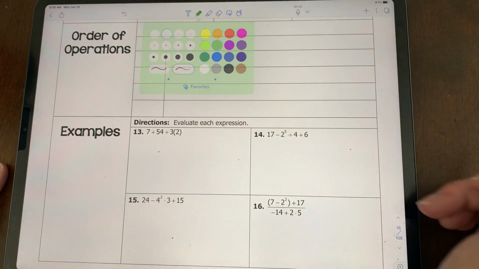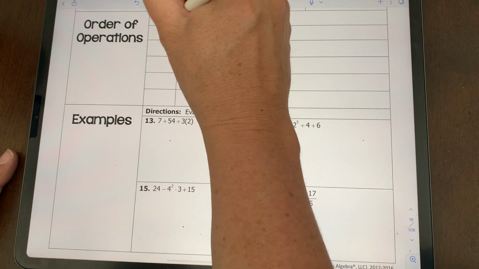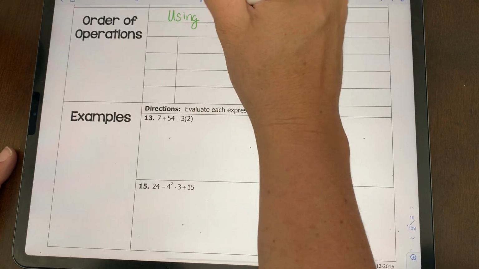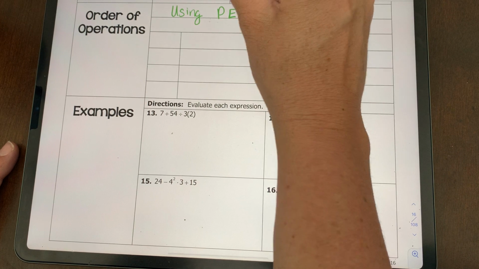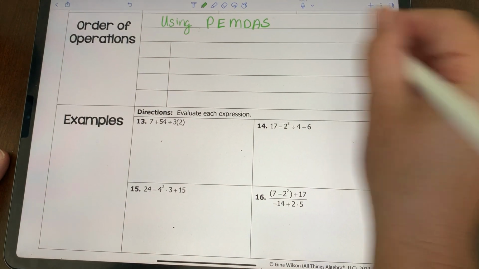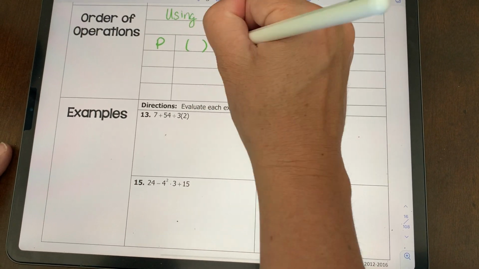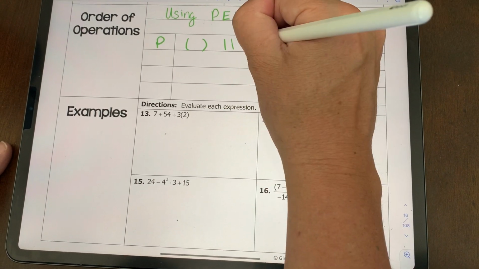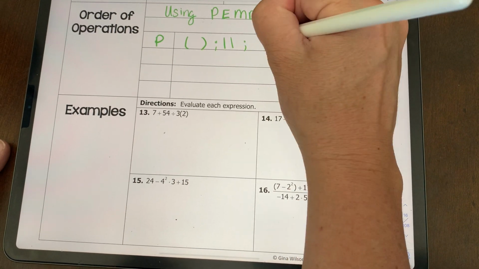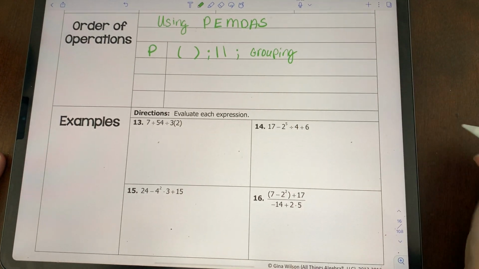Order of operations are using, please excuse my dear Aunt Sally. Okay, so the first thing you always do is parentheses or absolute values, any grouping, you do that first. Okay.